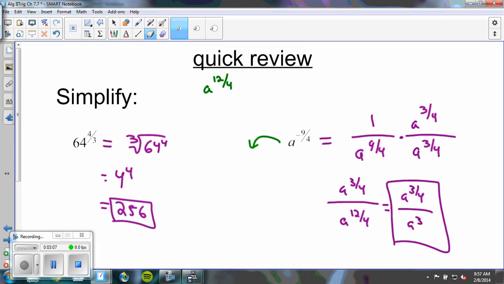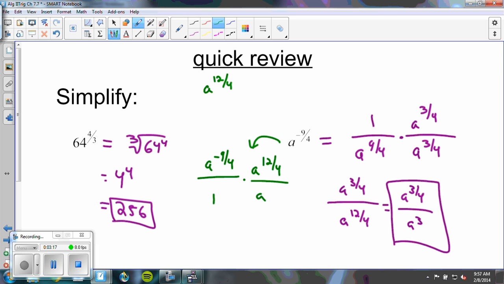So I'm going to multiply the top and the bottom. I have a to the negative 9 over 4 over 1 times a to the 12 over 4. I just multiply by that whole number, a to the 3rd. And that gives me a to the 3/4 over a to the 3rd. It's kind of a shorter way of doing the process from before, if you can follow and if it makes sense.